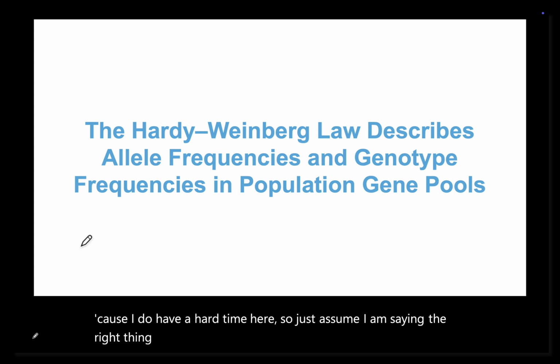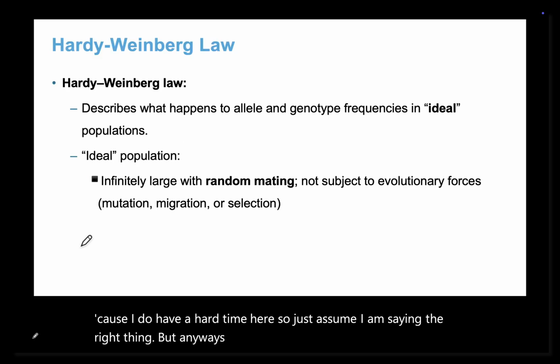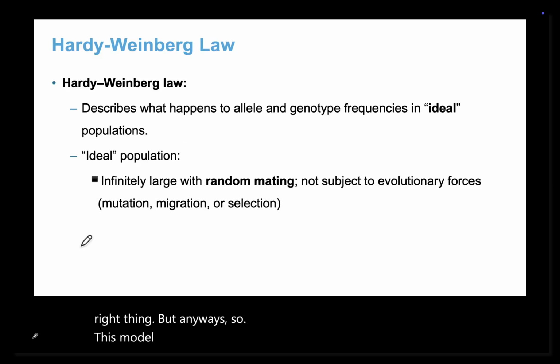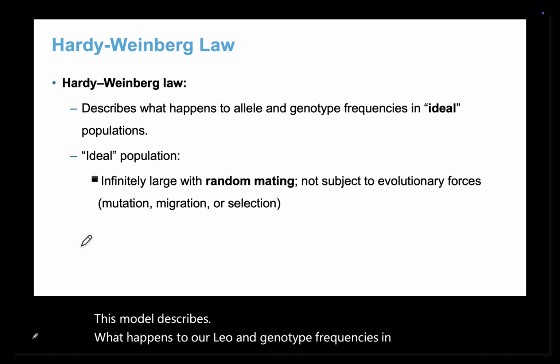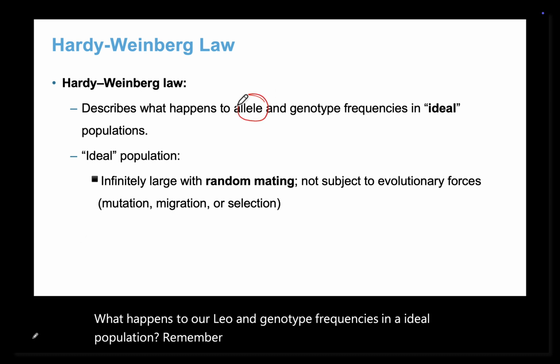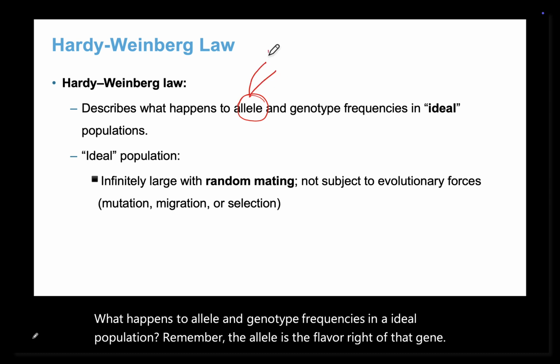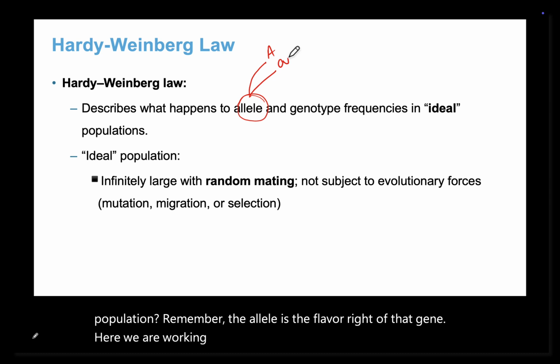But anyways, this model describes what happens to allele and genotype frequencies in an ideal population. Remember, the allele is the flavor of that gene. Here, we are working with two alleles.